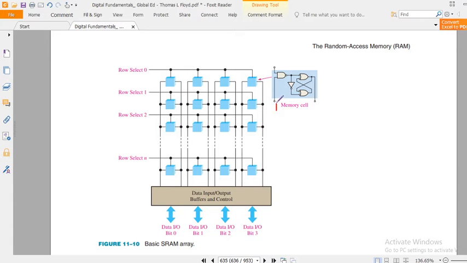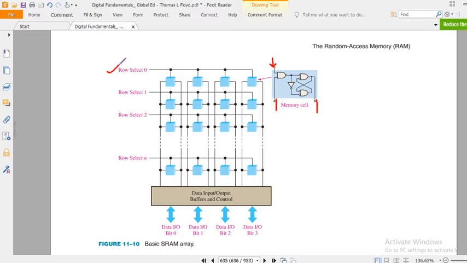From one of these the input will come, from another the output will go, and this is for the selection of that particular cell. You can see that three lines are coming out from each cell. One is the select line, one is the output line, and one is the input line. Whichever row we want to select, we have to enable that row.